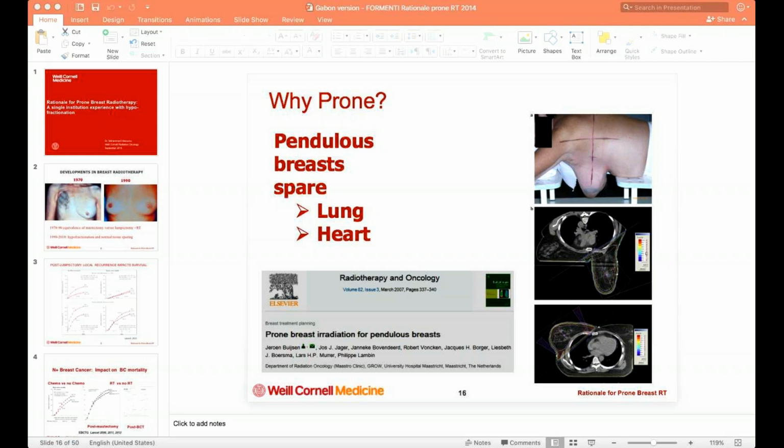IMRT, just matching with electrons, is not abstract, and I would probably do that concurrently. If you have, let's say, your normal field, and then there's a small patch of, let's say, 3 centimeter lateral scar extending posteriorly, you want to make sure that you cover that at the same dose.